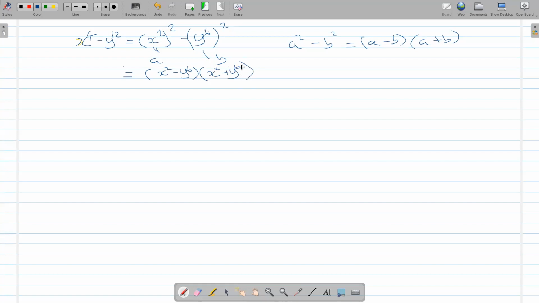Then this is the first step. You come back and see whether there is any way to factor further. So this one, again you can write it as a difference of squares, 3 squared.